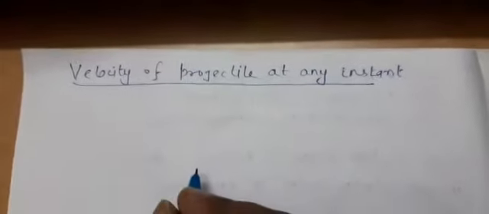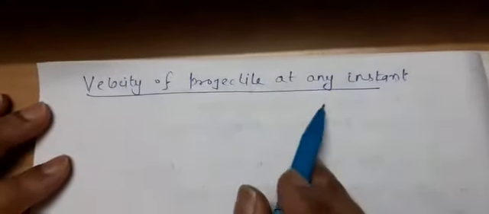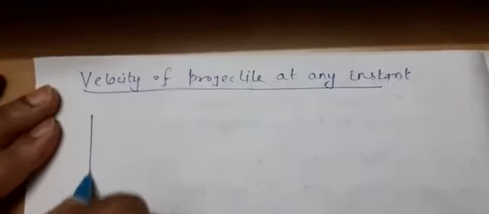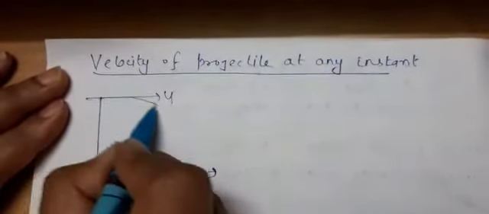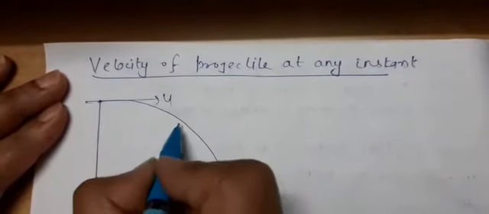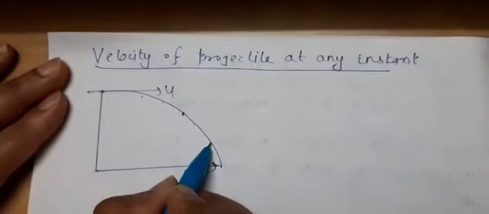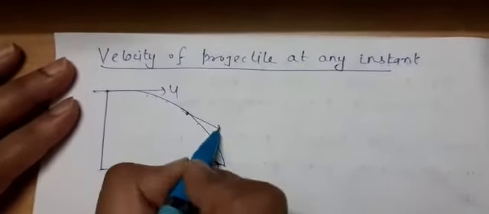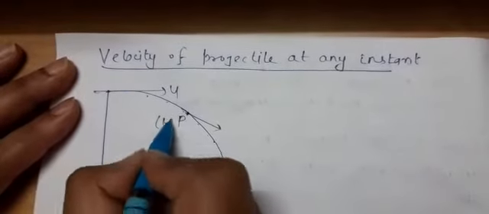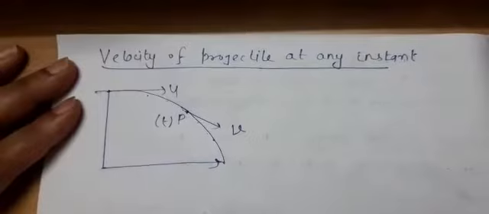Now let me discuss the velocity of a projectile at any instant. See here, as a projectile is thrown, what is the velocity at any different instant? If we take a point on the path, the velocity of the projectile will be different. Let P be a point at any time t, and let V be the velocity at this instant.